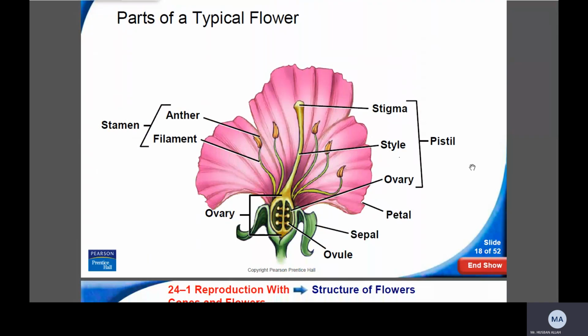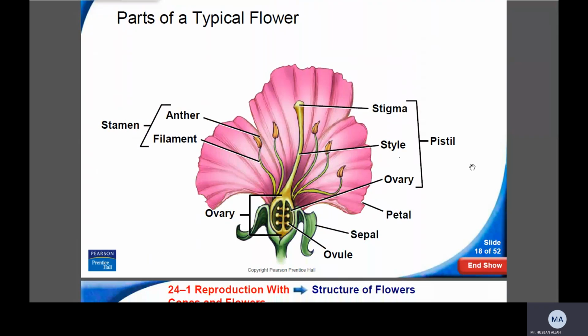So first, the structure: it is made from four major parts. One we have is the sepal, and then petals. Sepals and petals are not the reproductive parts, right? If you are going to write a subjective question based on this, you have to divide the parts of the flower as reproductive and non-reproductive.